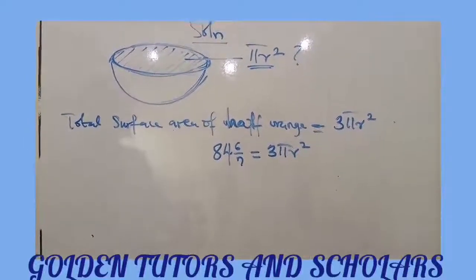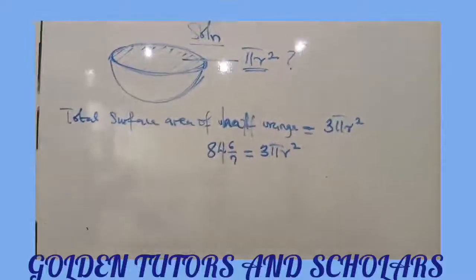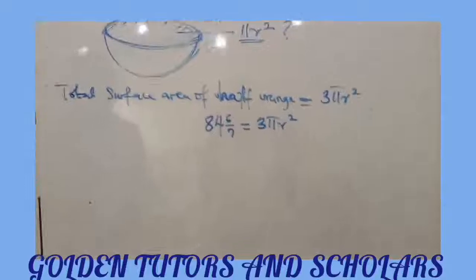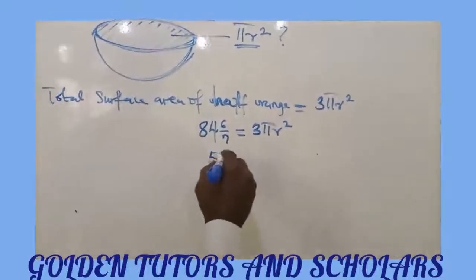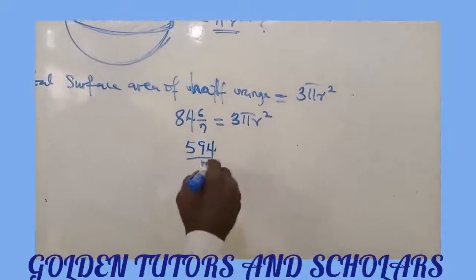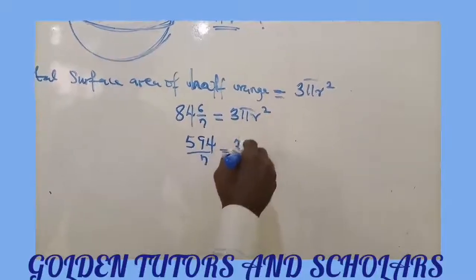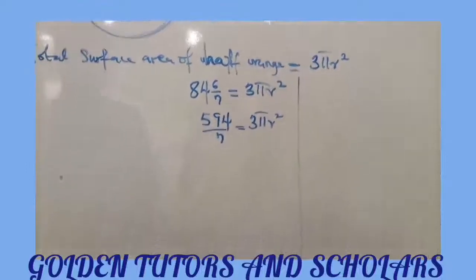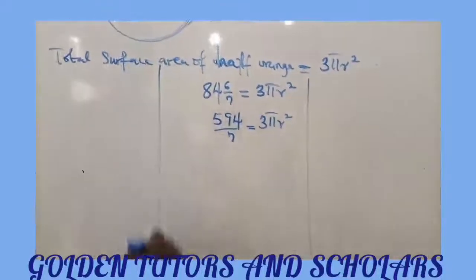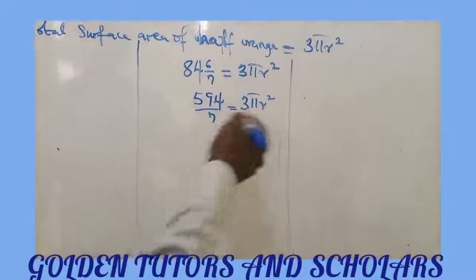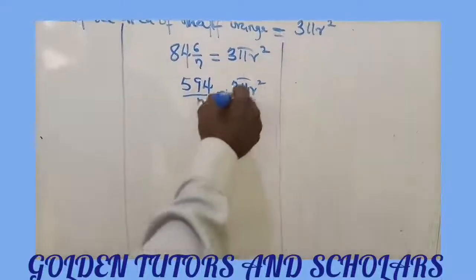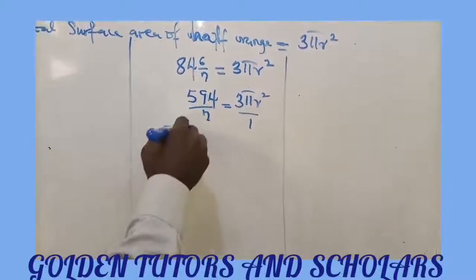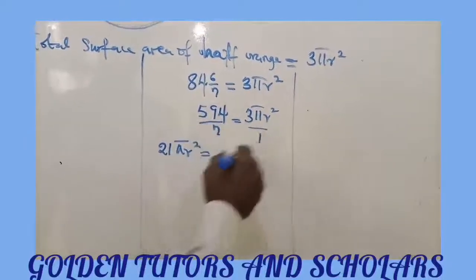Now, if we work this out, it gives us 594/7 equals 3 pi r squared. If we cross multiply here, 7 times this will give you 21 pi r squared equals 594.